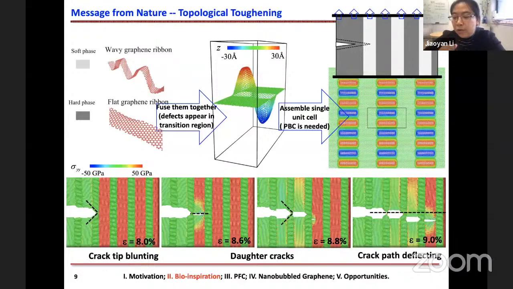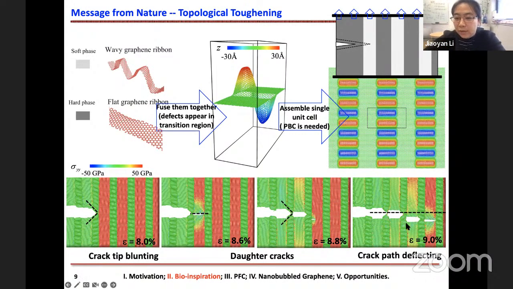But if we further increase the external loading, we can see some generation of ductile cracks. And the generation of the ductile cracks is, in fact, related to the defects in the dislocations in the transition area.